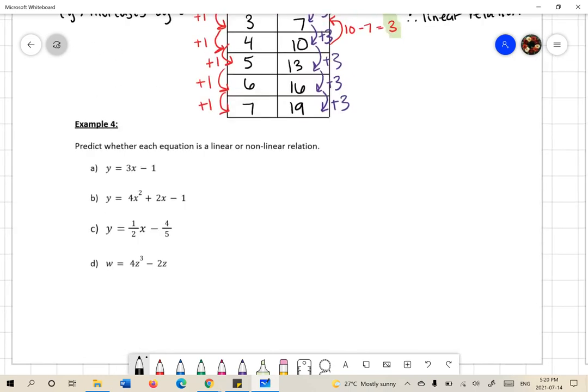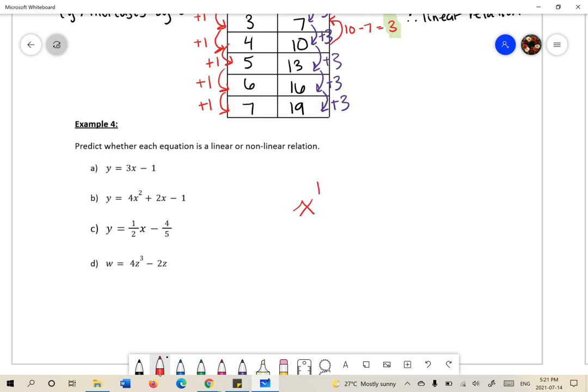Last question. Predict whether each equation is a linear or nonlinear relation. Just by looking at an equation, we can determine whether, if we graph this, it would be a straight line or not. And that has to do with the degree of the polynomial. A straight line, a linear relation, has an equation with a degree of 1 on the x. We're looking for x variables with an exponent 1.